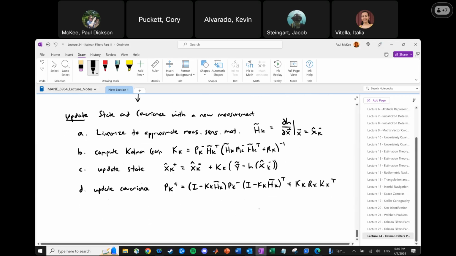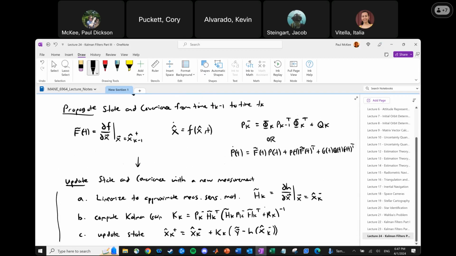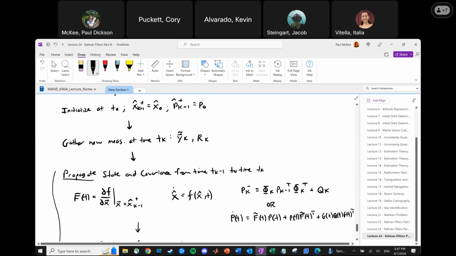And then we've got a time step update, where k is equal to k plus 1. And then that is the end of our loop. So we're going to keep heading up beyond update and propagate to here. There we are.